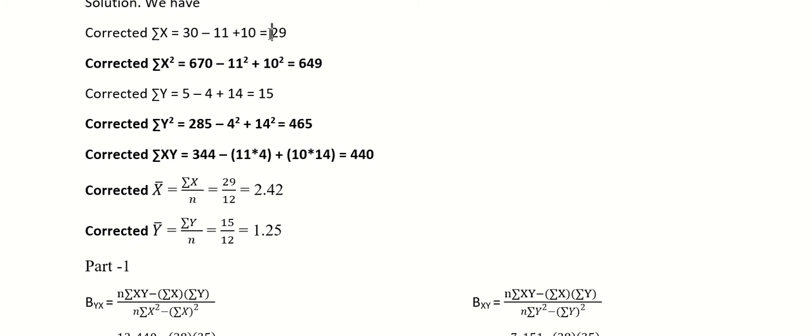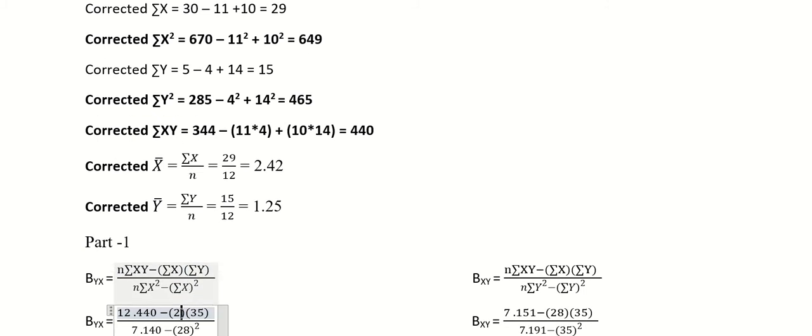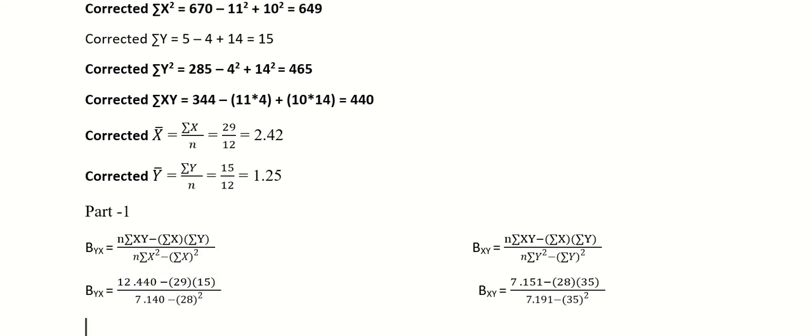Here it is given, right? So this 29 I will apply here. And summation of y, correct summation of y is 15, right? Divided by n into summation of x square, n is 12, into the correct summation of x square, which is 649. This is the value given to us.